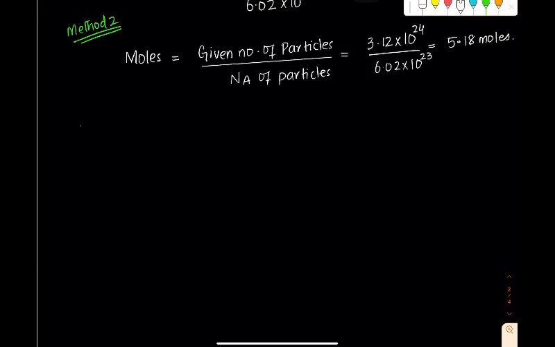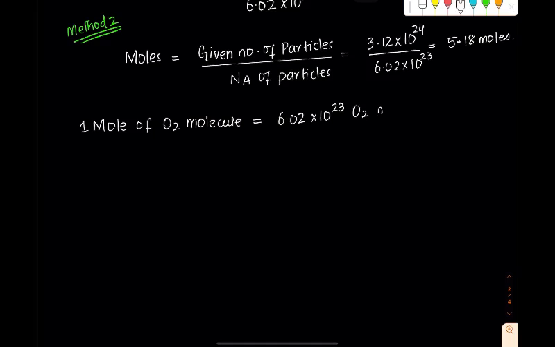When we say that 1 mole of oxygen molecule is equal to 6.02 times 10 power 23 oxygen molecules, there could be a question. We have this oxygen, which is made up of two atoms of oxygen, right?